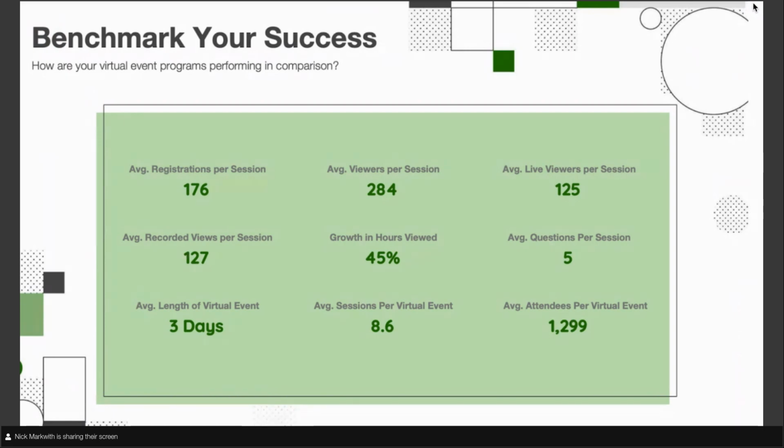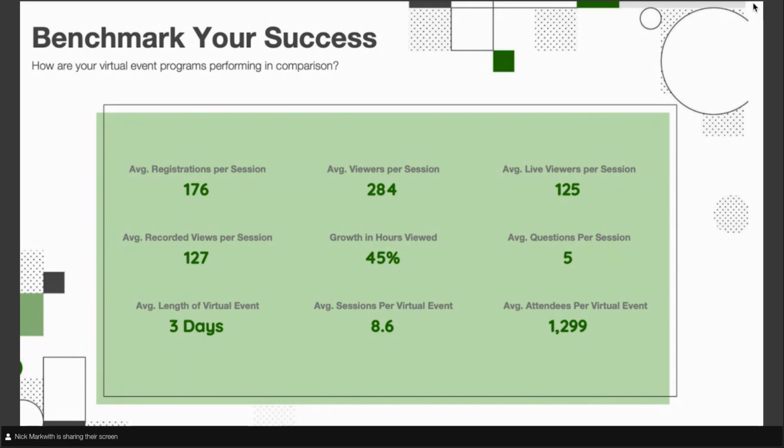Virtual events are becoming more and more common nowadays, and it's really important that you understand what you should expect when you run these types of events. Because especially with a virtual event, this is a lot of investment into producing this content and putting on an event that, quite honestly, has a lot of moving pieces.